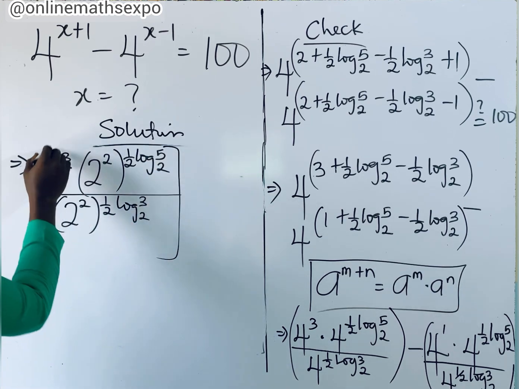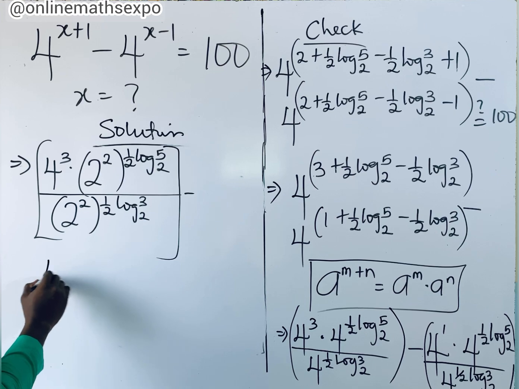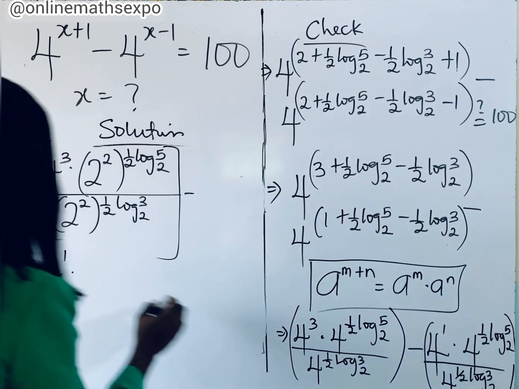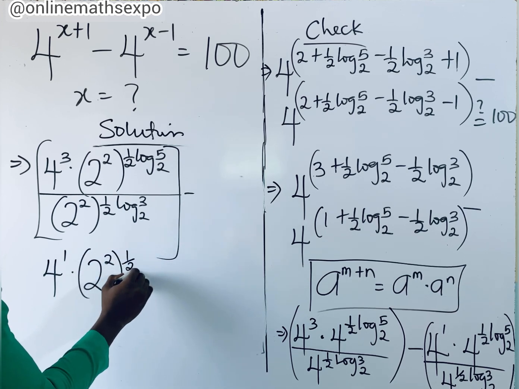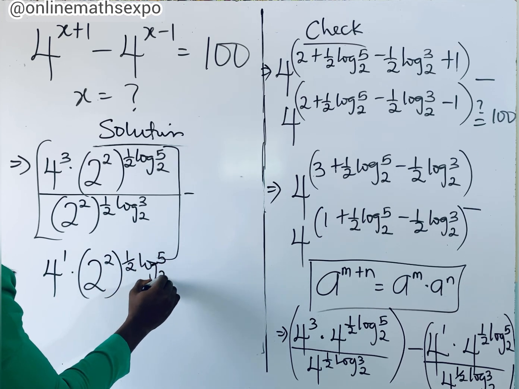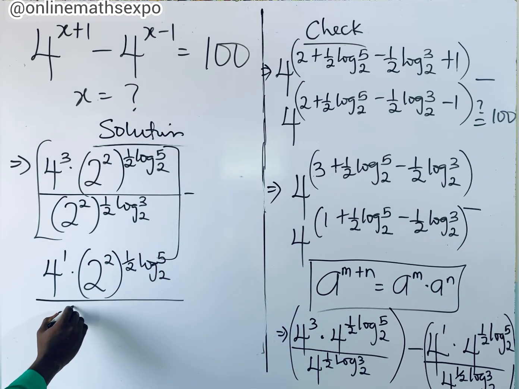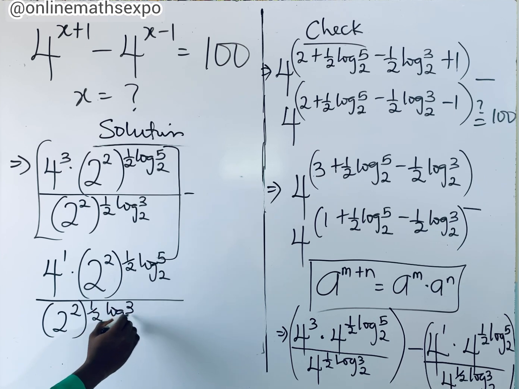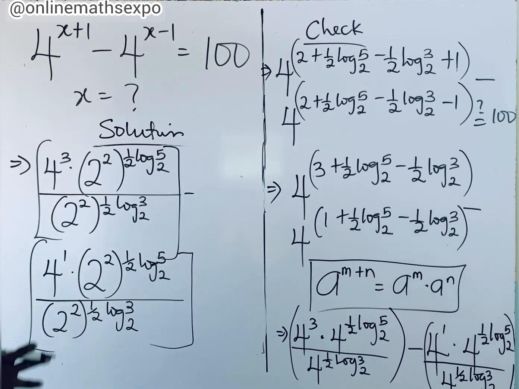Now this is minus, so let's bring it down, 4 to the power of 1 times 2 to the power of 2 to the power of half log 5 base 2, divided by 2 to the power of 2 raised to the power of half log 3 base 2. Interesting. So let's simplify this.